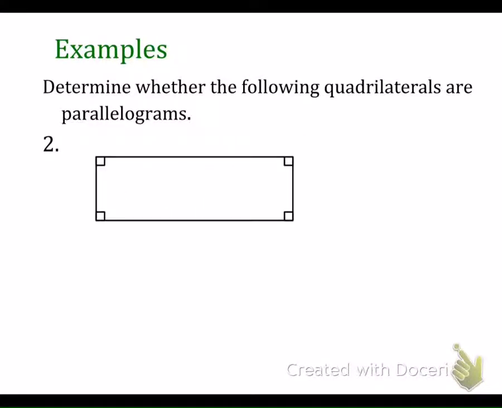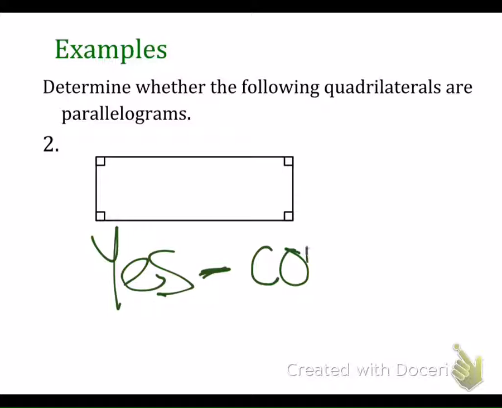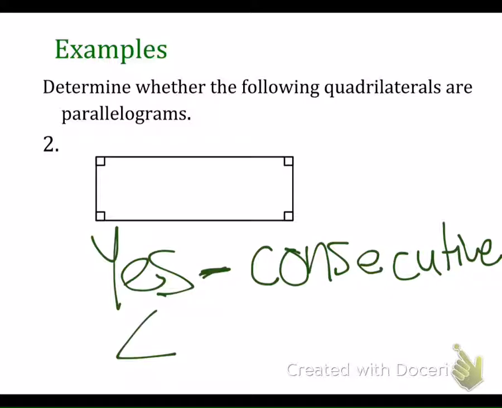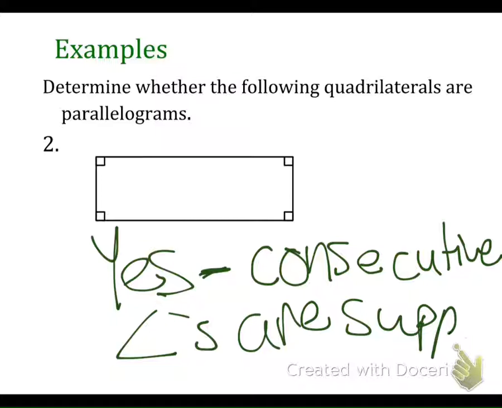Okay, we're going to say yes, because we could say the consecutive angles are supplementary, meaning they add up to 180. Or you could have said the opposite angles are congruent. Either way.